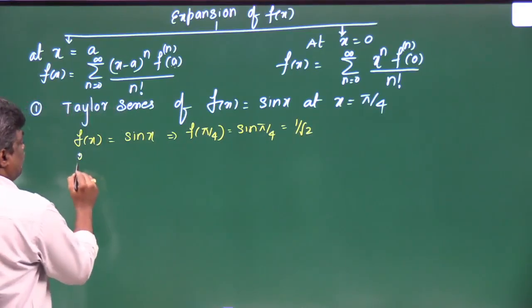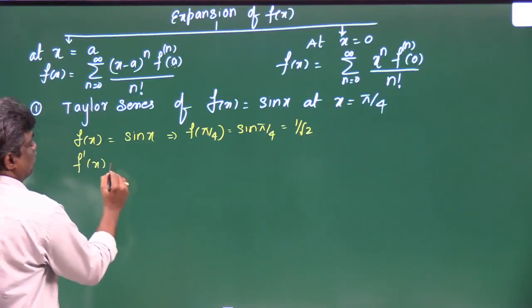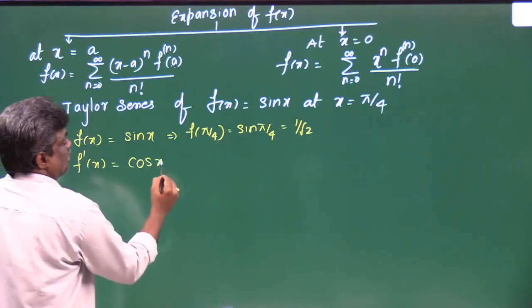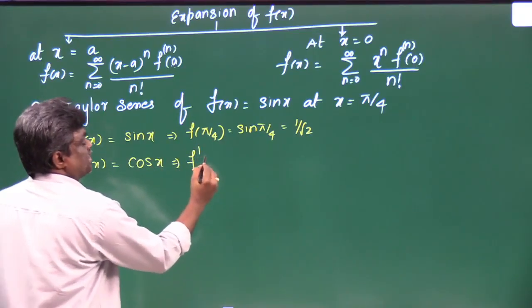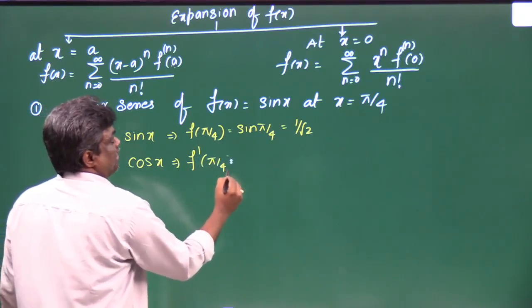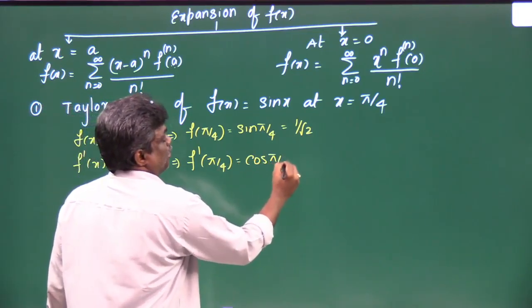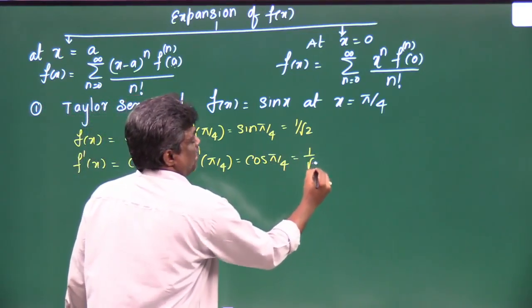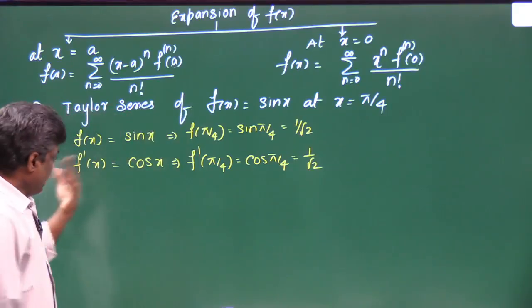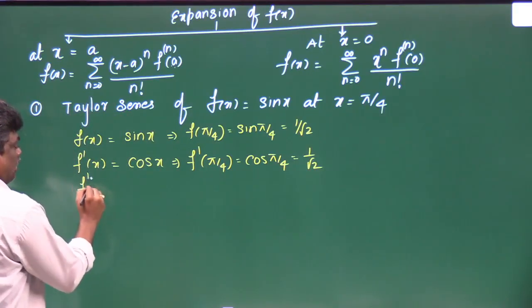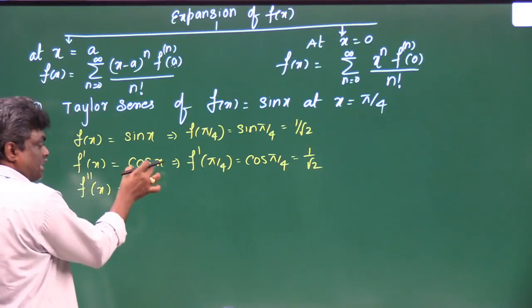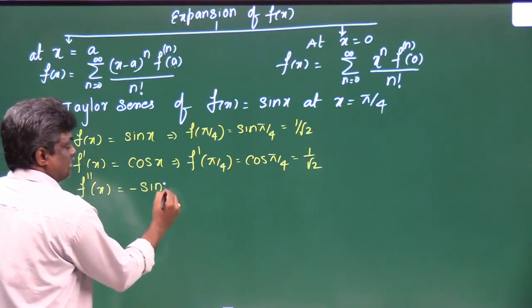Next one. Take one derivative, that is cos x, and again substitute pi by 4 in the first derivative. f dash of pi by 4 is cos pi by 4. How much? 1 by root 2. Again one more derivative, f double dash of x, this derivative is minus sin x.